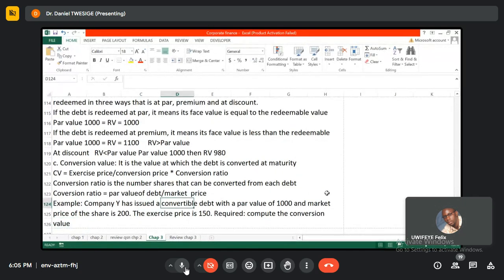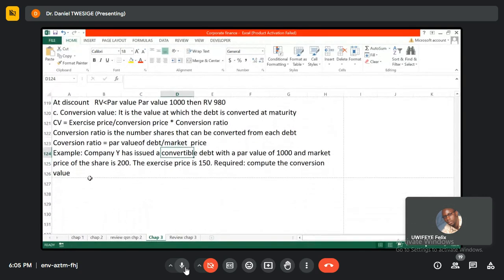How many shares are you going to get with the current market price? Our conversion ratio, or if I can get the data: the par value is 1,000. The market price is 200 of the share.